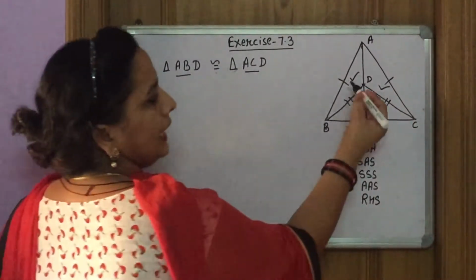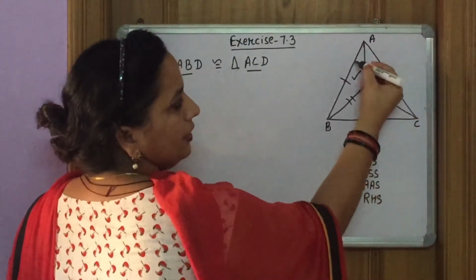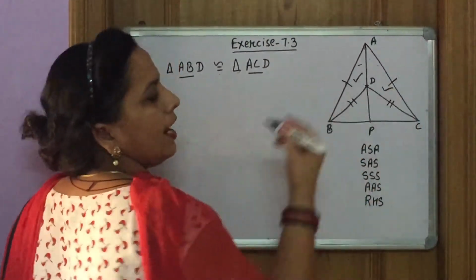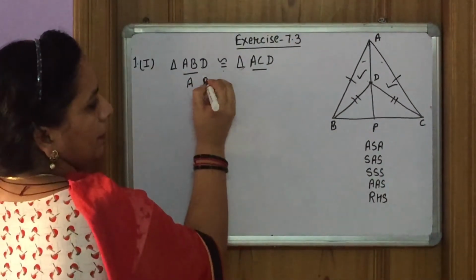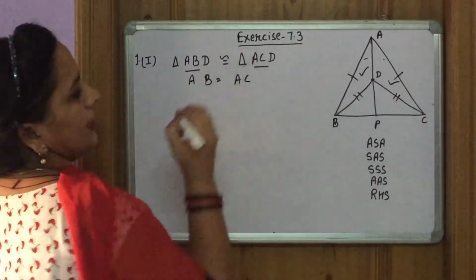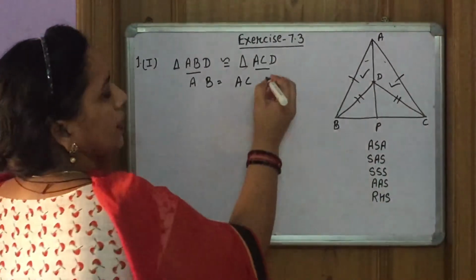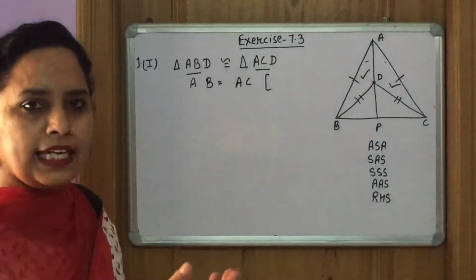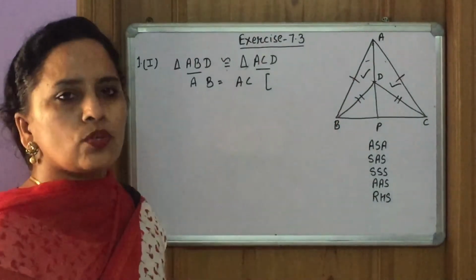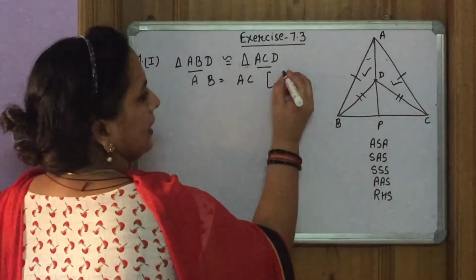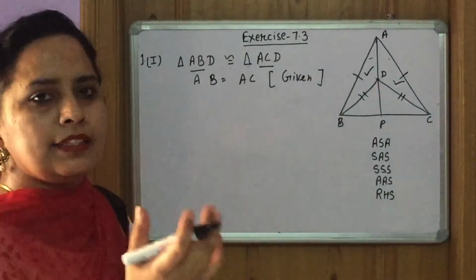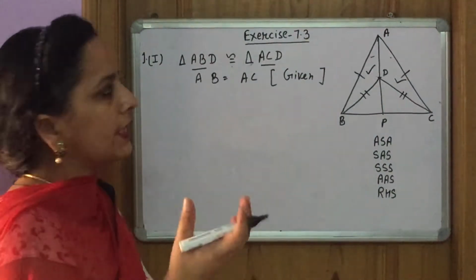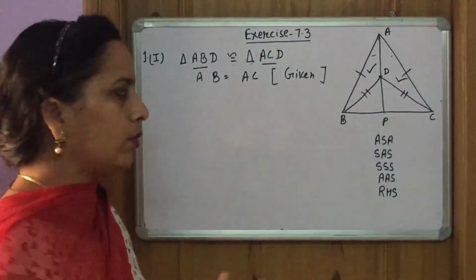As I marked here 1 1, that means in these two triangles these sides are equal. So we can write here that AB is equal to AC, and in the reason we can write that ABC is isosceles, or we can say that it is given, because it is given in the statement that it is an isosceles triangle. That means these two sides are equal.